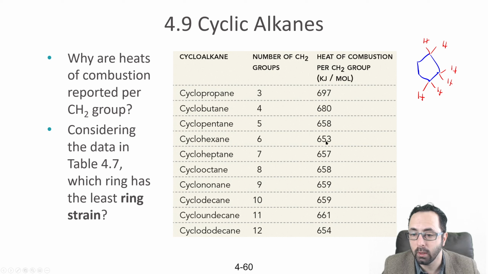This is because in real life, these molecules can bend and move around, and when they get large enough, they have a lot of ability to bend into a shape that allows for approximately 109.5 degree angles. You can see cyclodecane is actually more stable than cyclooctane and cycloheptane.